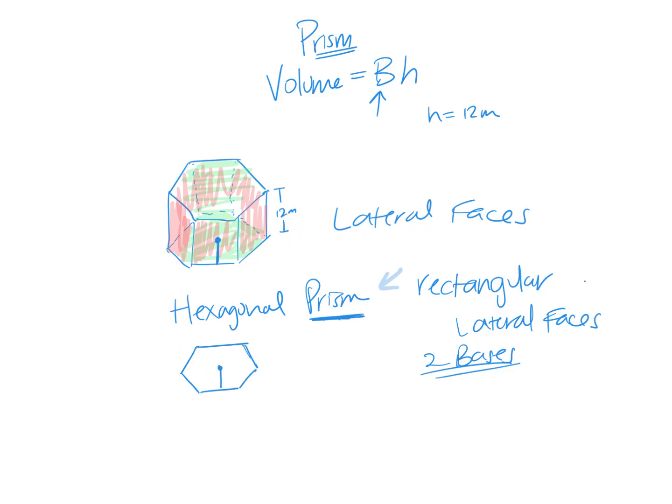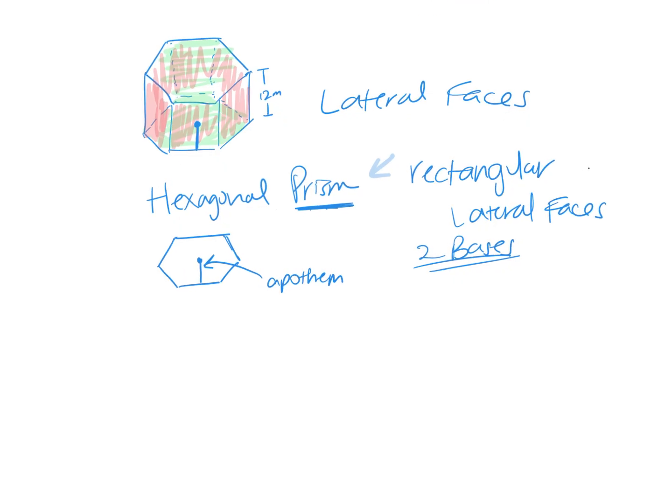This right here is called the apothem, the distance from the center to a side. Polygons also have a radius, the distance from the center to a corner. But you don't always need it. Right now we're going to work with the apothem first.